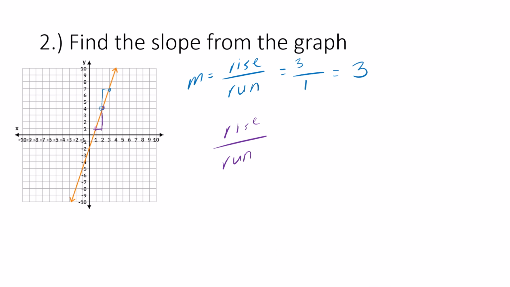Okay, and so down 3 would be -3 and left 1 would be -1 because you're moving in that negative direction, and a negative divided by a negative would give you a positive. So you actually can work that either way. Up to you, like how you want to view that, but I would always count the rise first, just be in the habit of doing.